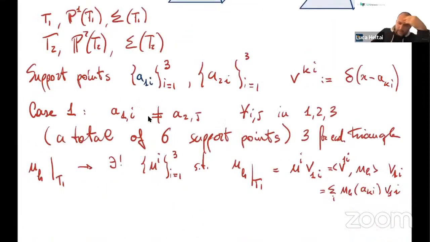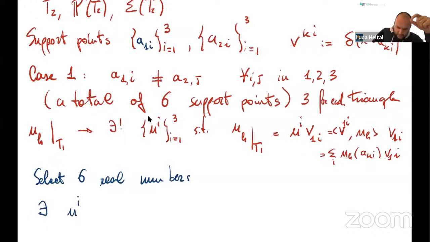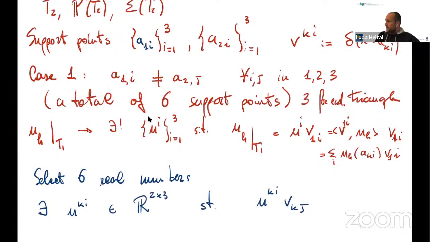In other words, if I select 6 real numbers, so there exists a U, let me call this U, as I used before, UKI in R2 by 3, which is R6, such that UKI times VKJ, summation is implied, so UH equal to that, does not belong to C0 of T1 united T2 closure.